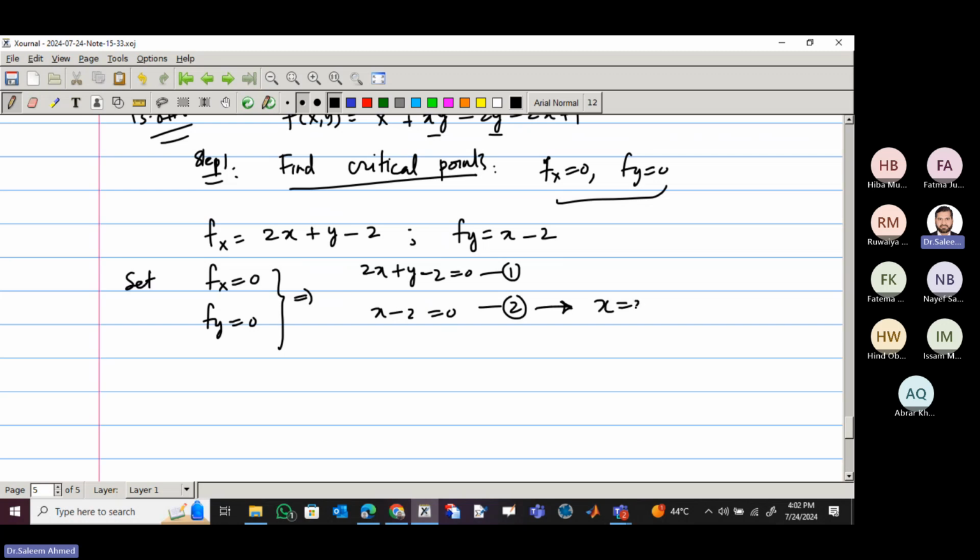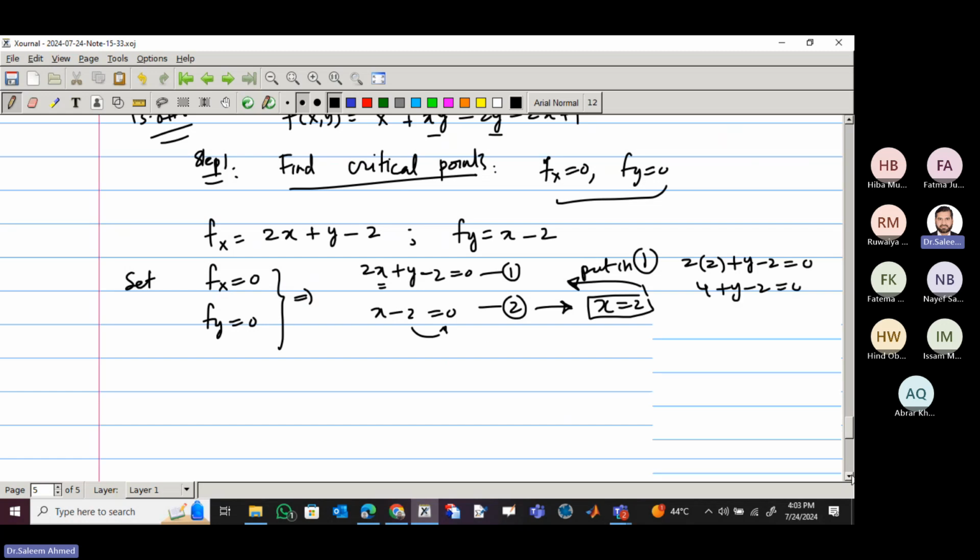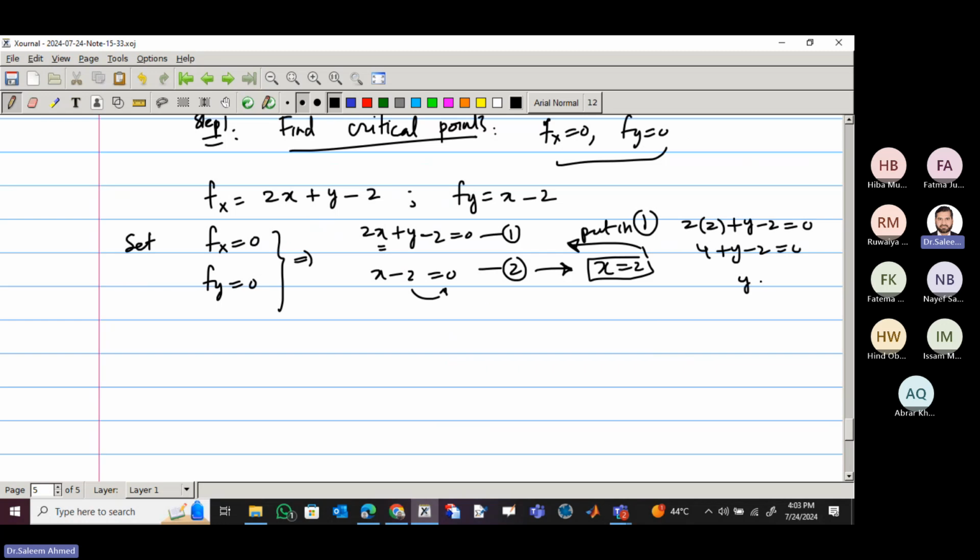From 2, my x is 2. Put this in 1: 2 times 2 plus y minus 2 equal to 0. So 4 plus y minus 2 equal to 0, so y becomes minus 2. This is the value of y.